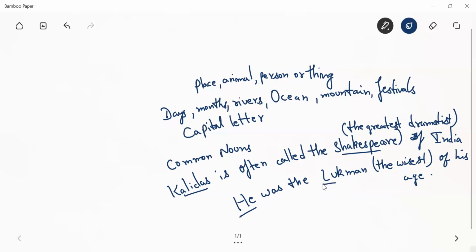He was the Lookman of his age. Lookman is a proper noun, right? It's a special name. Shakespeare is a special name. So these are proper nouns. But then we are saying it about any person. He was the Lookman of his age. Here, it is being used as a common noun.